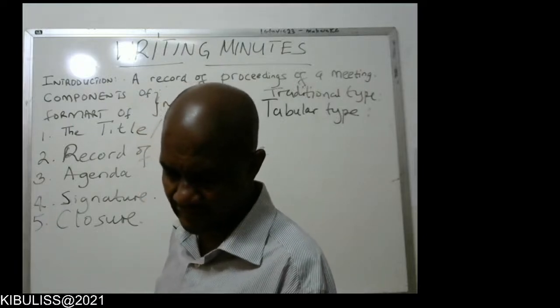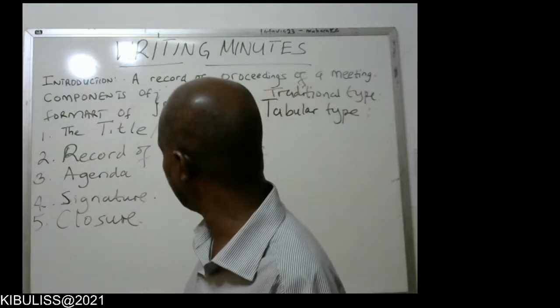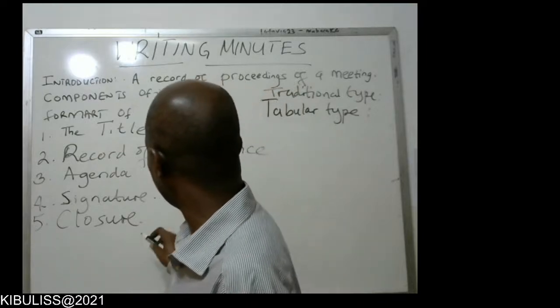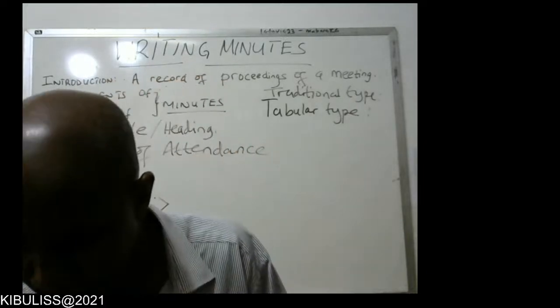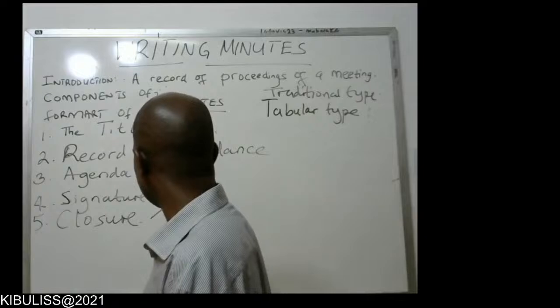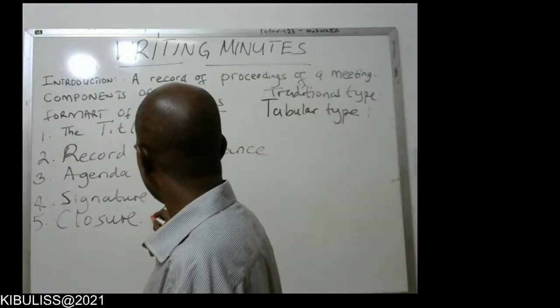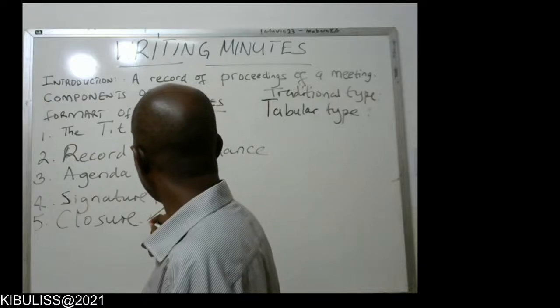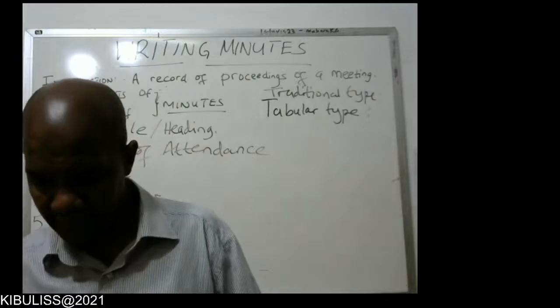This topic is functional writing, paper 1A. Now, when it comes to signature and closure, we shall interchange the order a bit. The closure will come before the signature, although I've written it like this here.